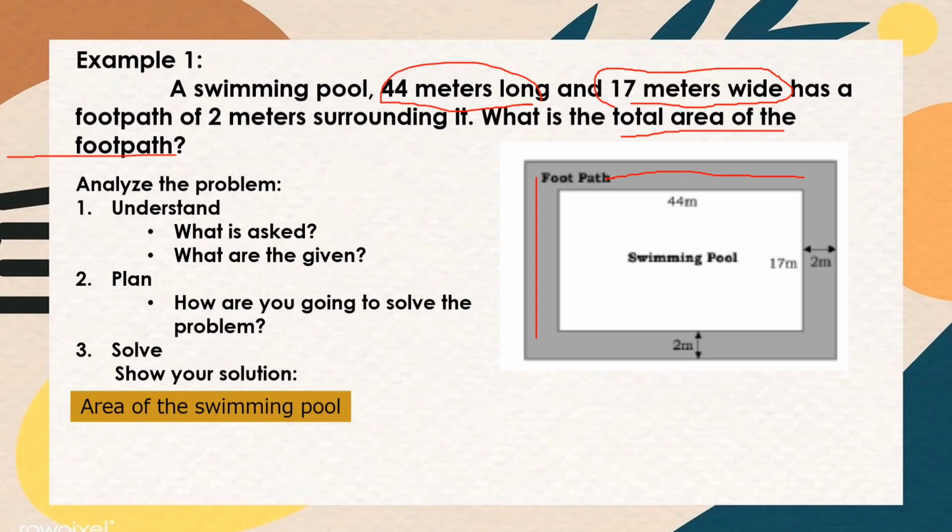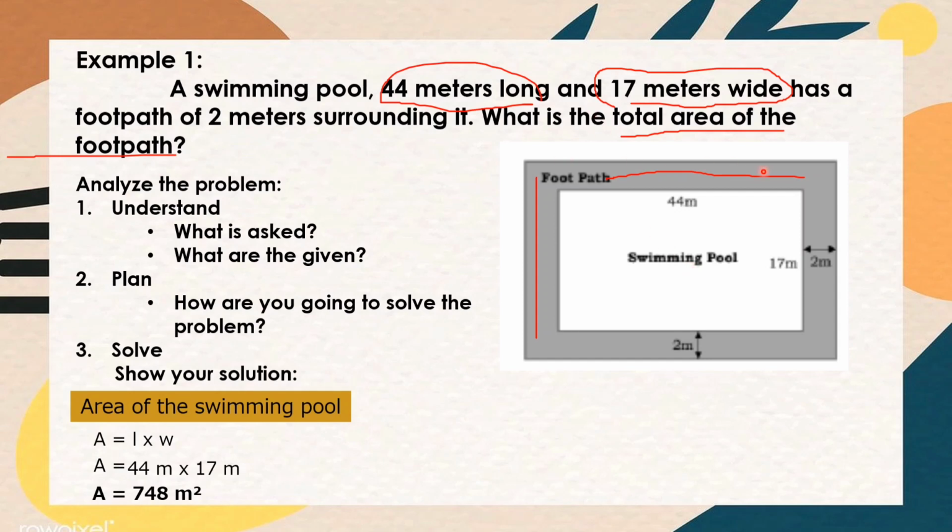So the formula in getting the area of a rectangle is area is equal to length times width. So the length is 44 meters and the width is 17 meters. So 44 times 17, the answer there is 748 square meters. Okay, so we have now the area of the swimming pool.